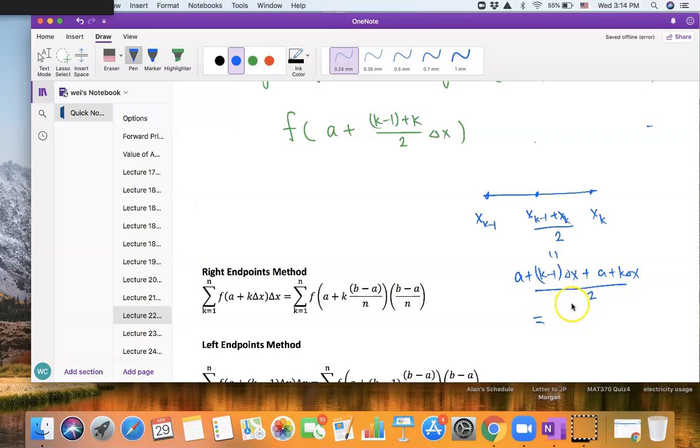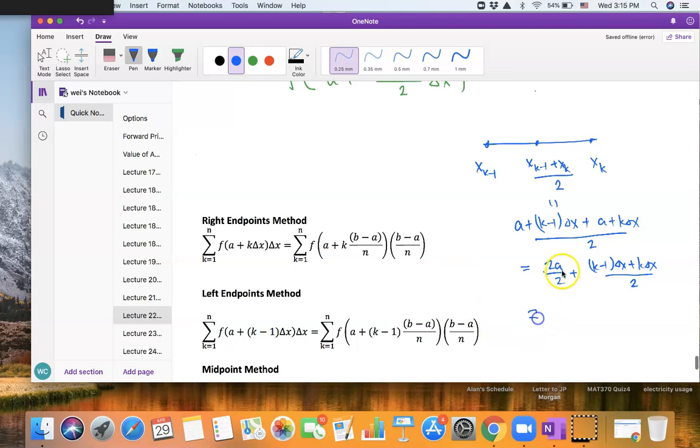Let's do it this way: we have 2a over 2 plus ((k minus 1) delta x plus k delta x) over 2.